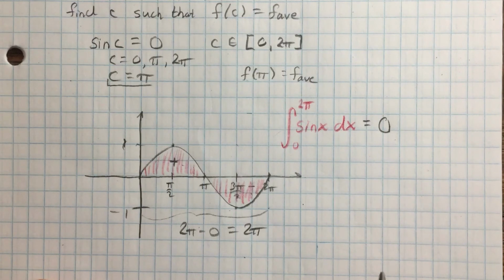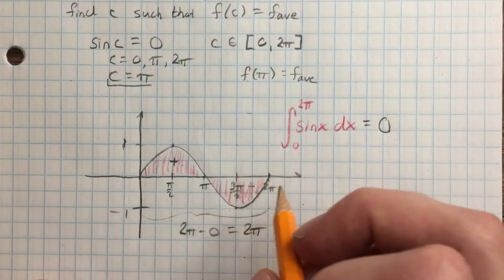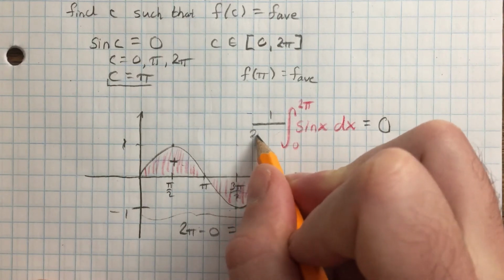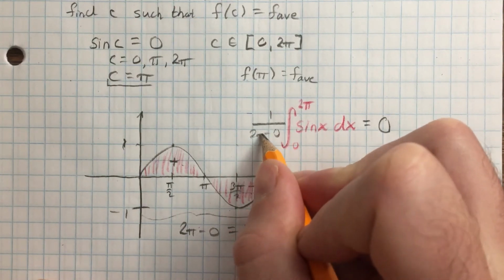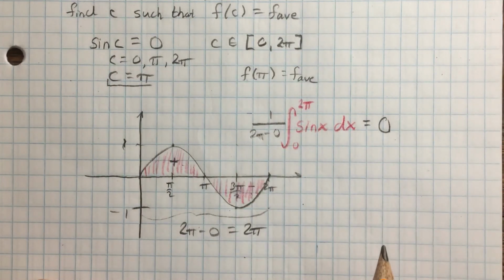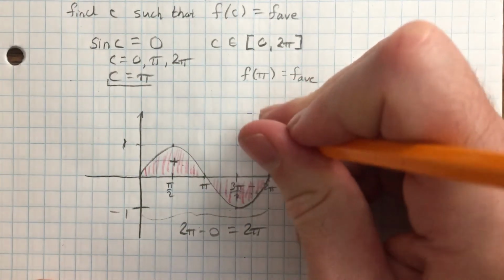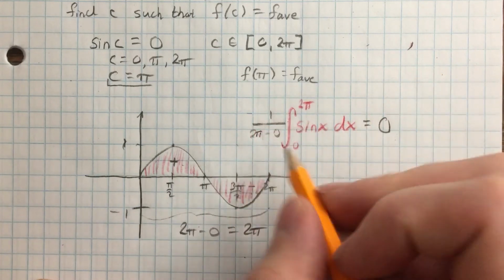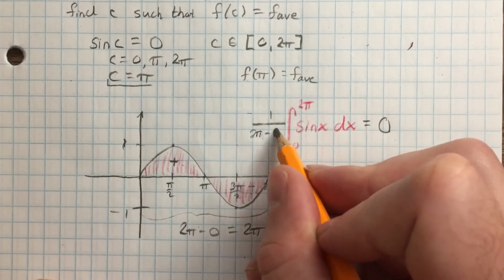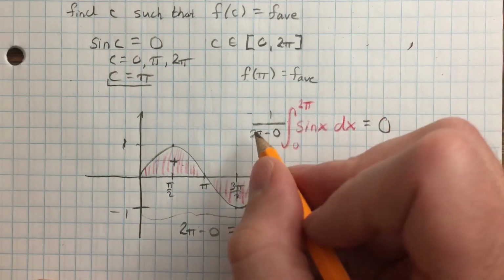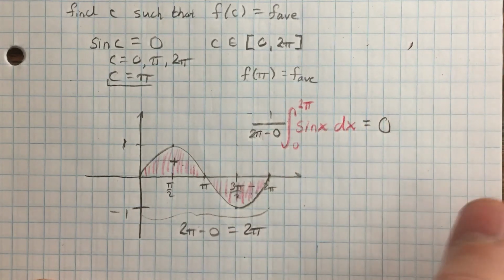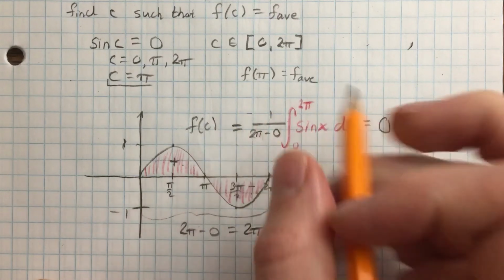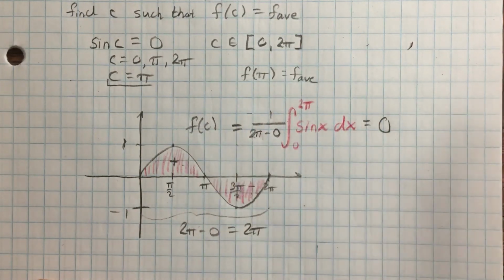So now all we're claiming is there should be some place in here where the function takes on the same value of 0, because the division by 2 pi here did nothing to alter the value of this area being 0. So what is that location? Our claim was that c was pi itself.